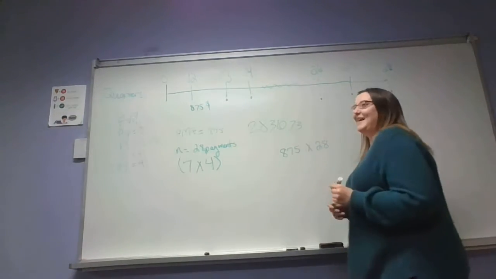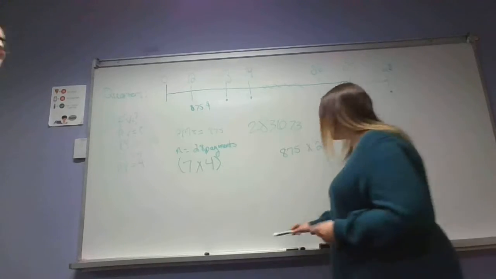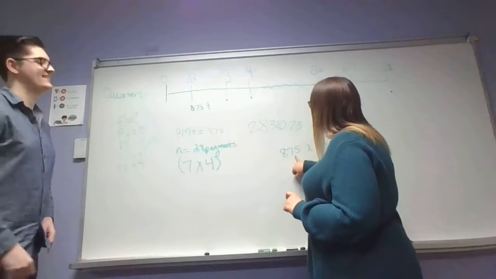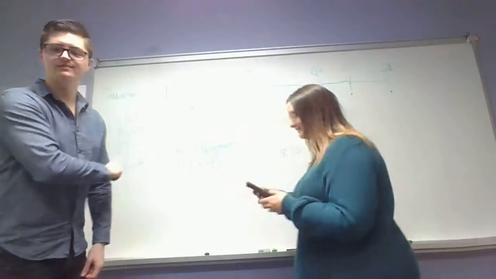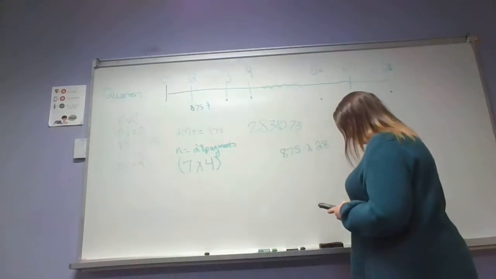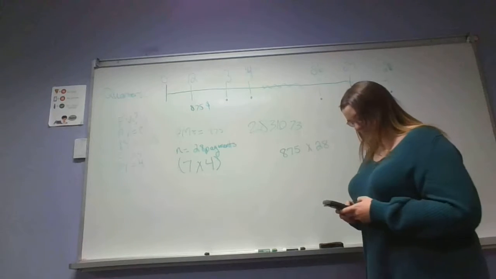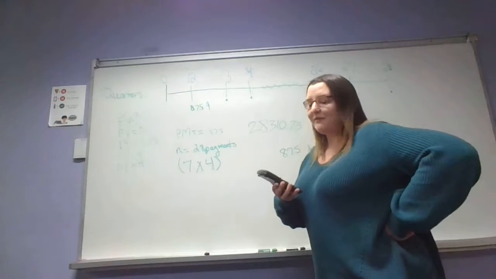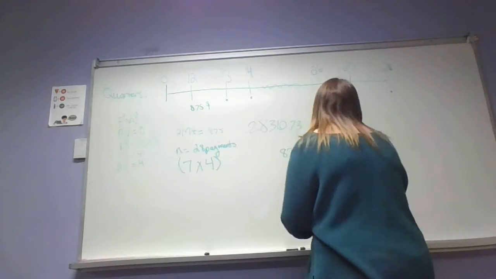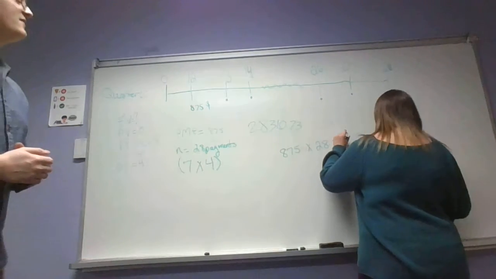Why do you do that, Holly? Because he has $875 and he has 28 payments that he has to make. That's a perfect explanation. So what grand total does that bring us to, Holly? And he got $24,500 that he contributed. That is perfect.